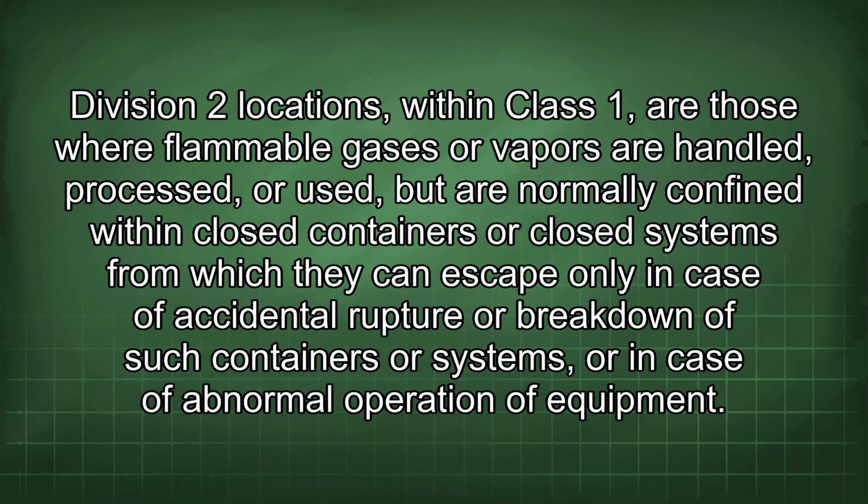Division 2 locations within Class 1 are those where flammable gases or vapors are handled, processed, or used, but are normally confined within closed containers or closed systems from which they can escape only in case of accidental rupture or breakdown of such containers or systems, or in case of abnormal operation of equipment.